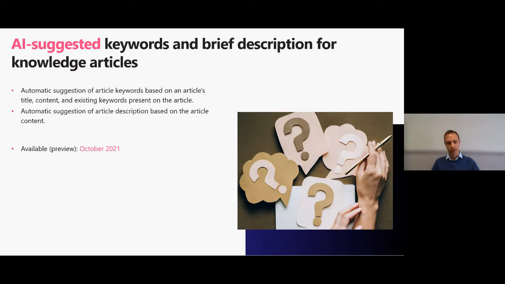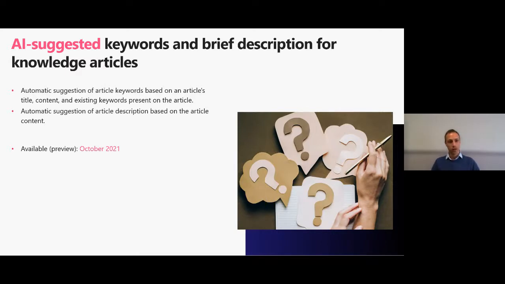Of course, again, this is all dependent on the language that you are using. It should work really well for English. We don't have information on which languages will be supported currently. And of course, we haven't had the chance to test this yet, so we don't know how it actually works. It should be available as a preview in October 2021.